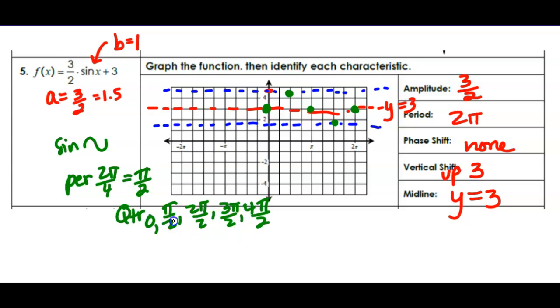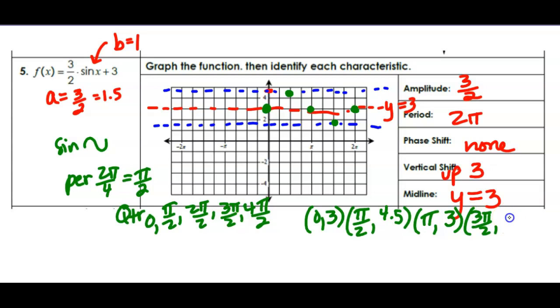So we had, this one would be 0 and up 3. The next one would be over pi over 2, but it's at 4.5. The next one is over another pi over 2, which reduces to pi. And that one's back at the midline. The next one's over another, which is 3 pi over 2.